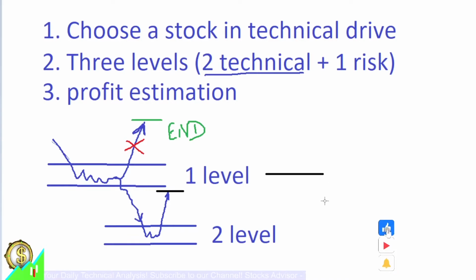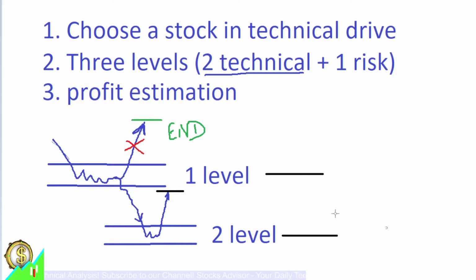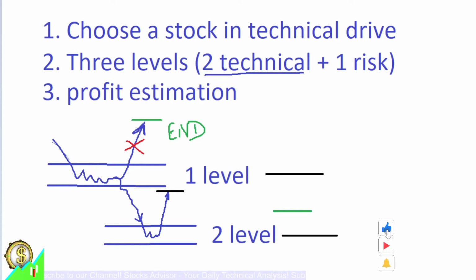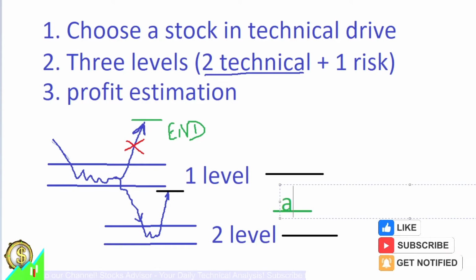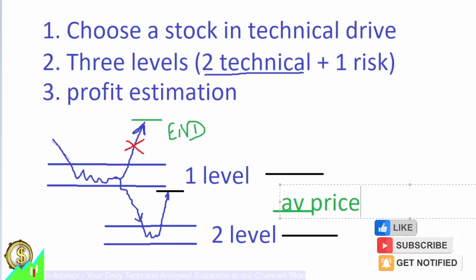Let's draw it again. Your average price will be probably somewhere here. Let's make it green. And this will be your average price. And if this is happening, it means that you don't need to wait.